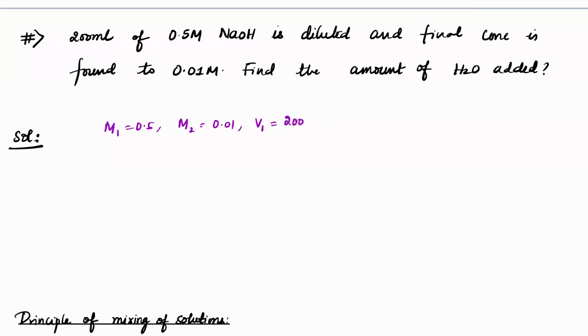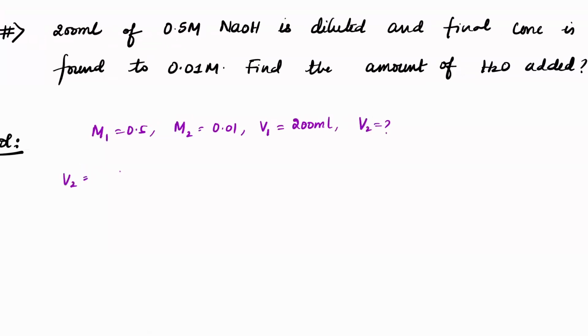Now we need to calculate V2 first. V2 will be equal to M1 V1 by M2, which is 0.5 into 200 upon 0.01.